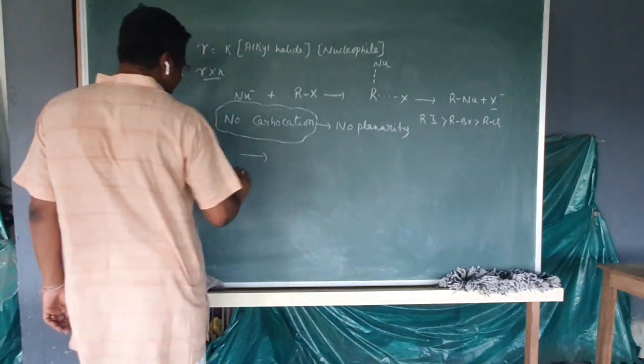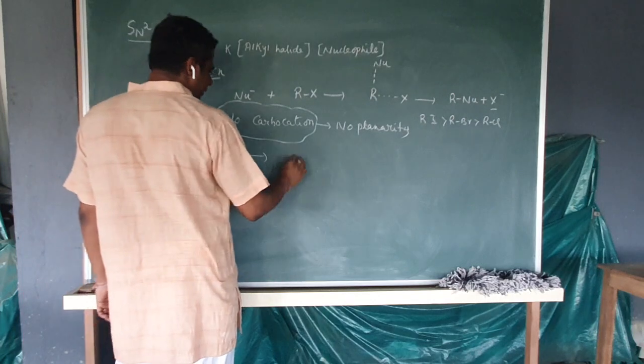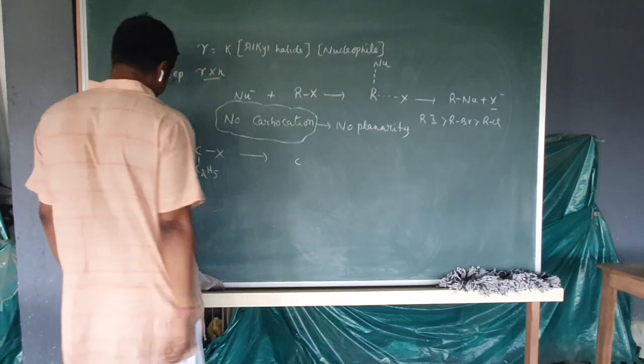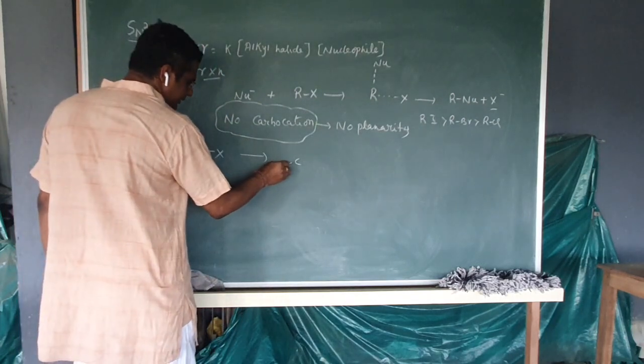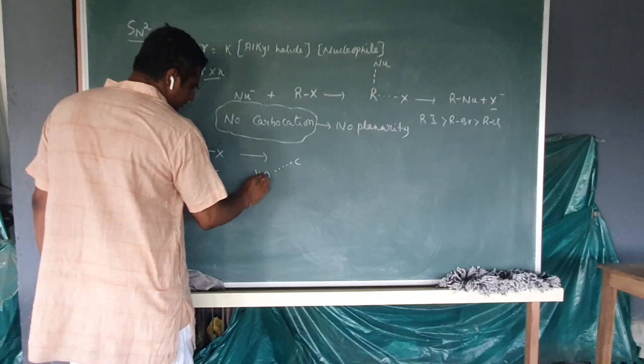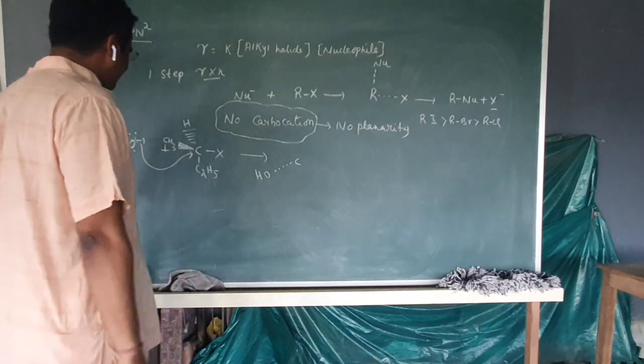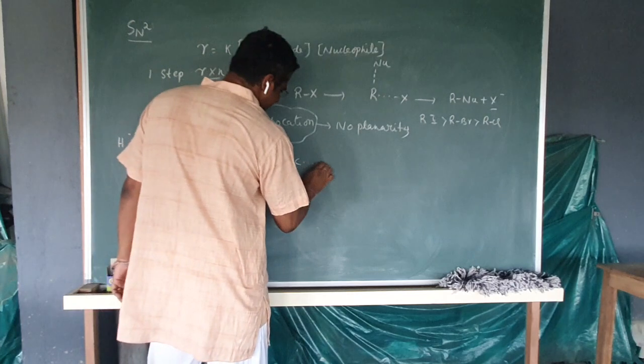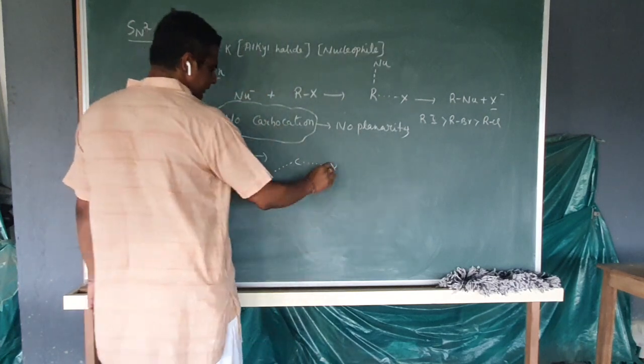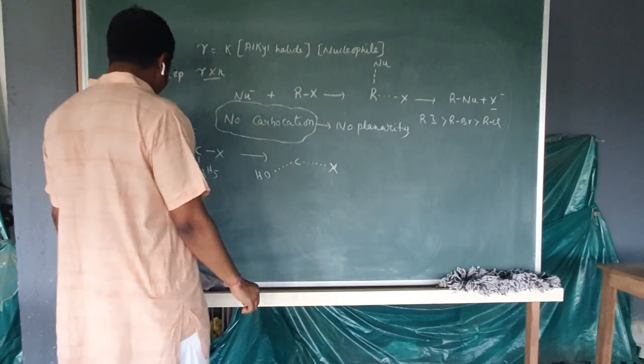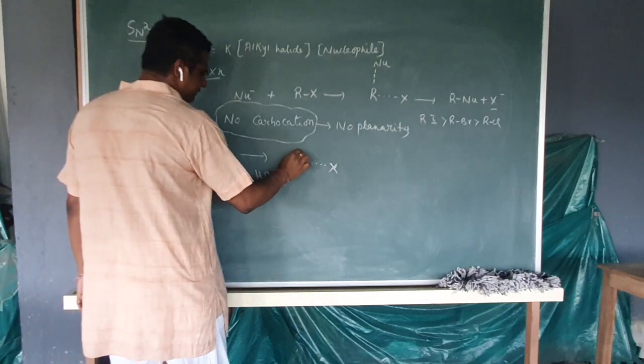So in this case, what is going to form? It is going to form C, this is OH, back side attack, X is here. Like this, पूरा बॉन्ड हमने बना ली. A little bit of shift happens like this.